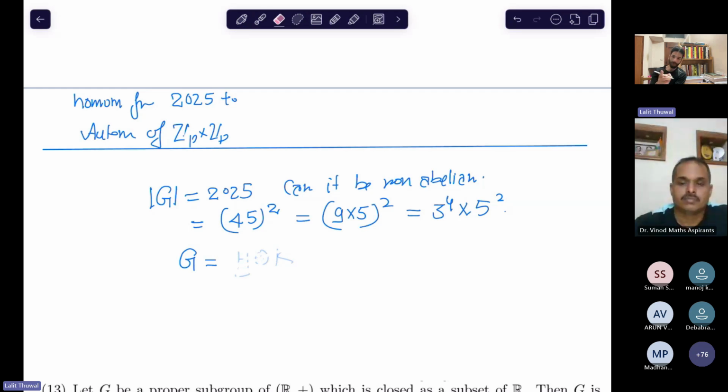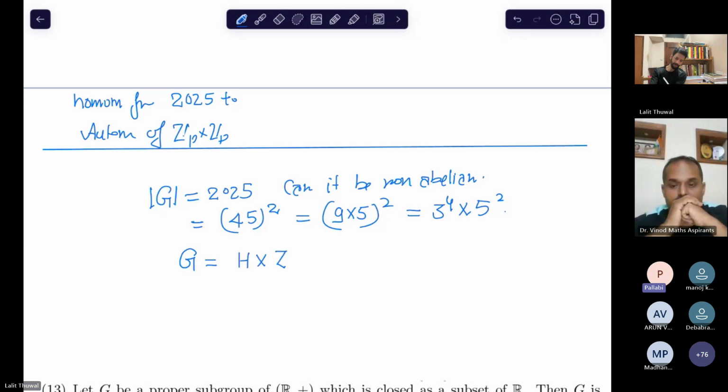Okay, Pallavi, you tell. I take H cross Z3 cross Z5 squared. H is the Heisenberg group over Z5. Sorry, Z3. Right. Okay, so Z25. You just take the Heisenberg group, right?